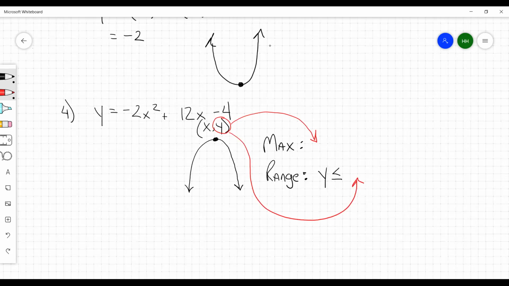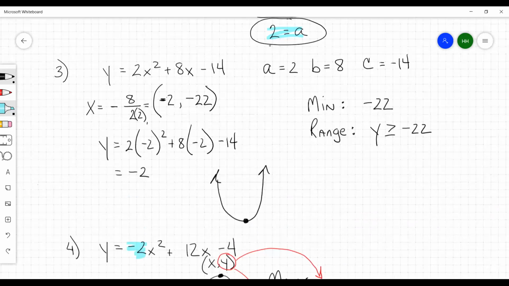But since A is negative, this is less than or equal to. In the problem before, A was positive, so Y is greater than or equal to. All right, big difference.